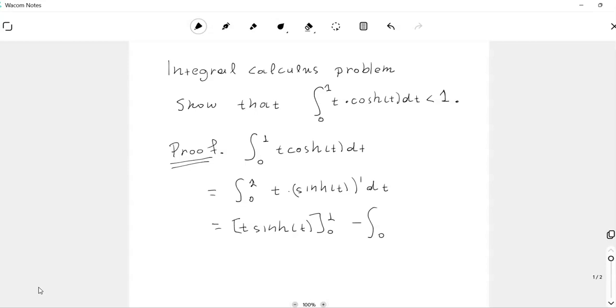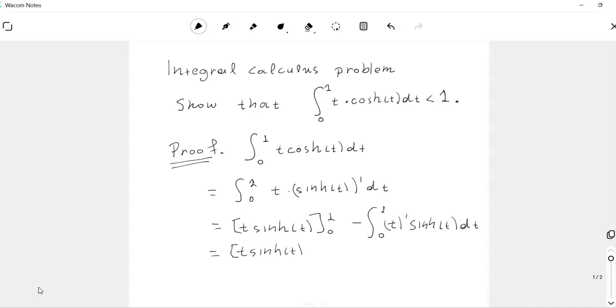So it's t times sinh t from 0 to 1 minus the integral from 0 to 1 of the derivative of t with respect to t times sinh t dt. Let's continue. This is t sinh t.